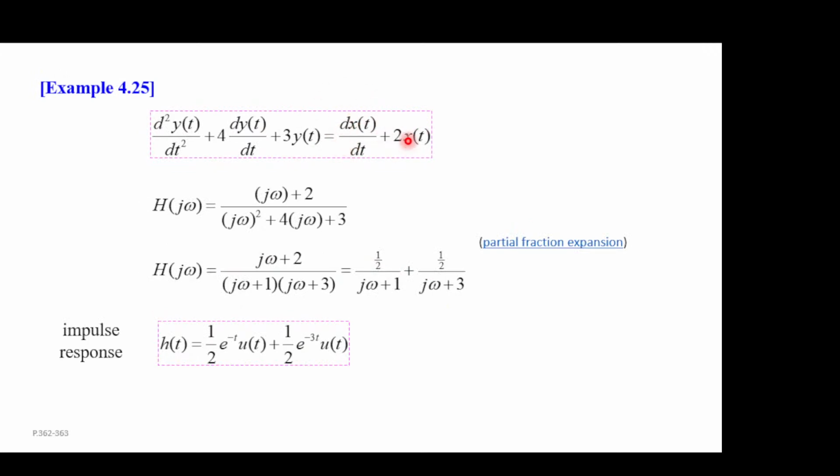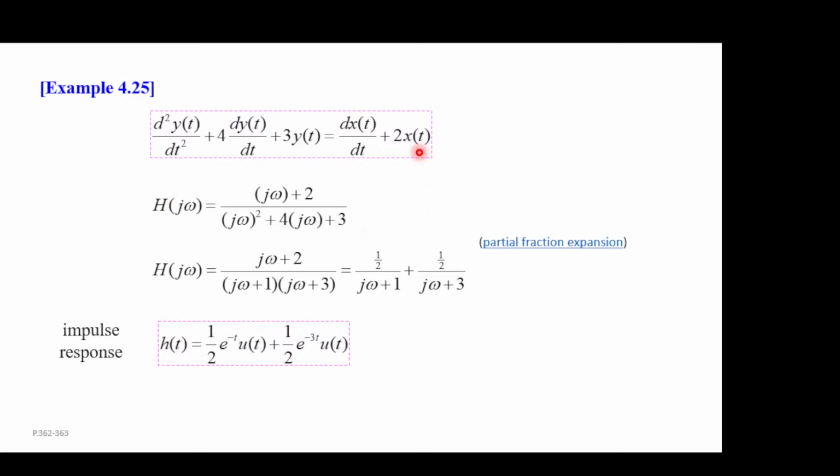The b_k are just the coefficients here: dx dt gives you j omega, and the 2x is just 2. Over all the coefficients here, d squared y dt squared gives you (j omega) squared, 4 dy dt gives you 4 j omega, and you get a 3 here. So H of j omega you can basically get directly.